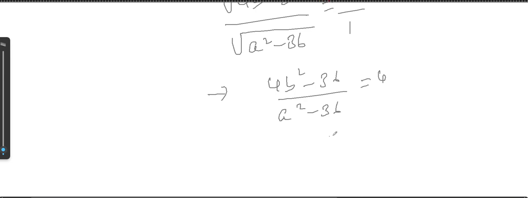So which eventually becomes equal to A square minus B square happens to be equal to 27. This is one condition here.